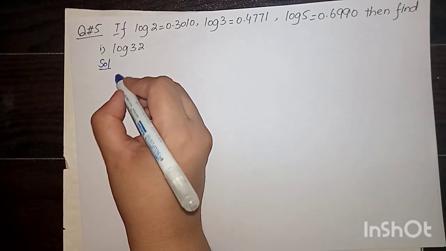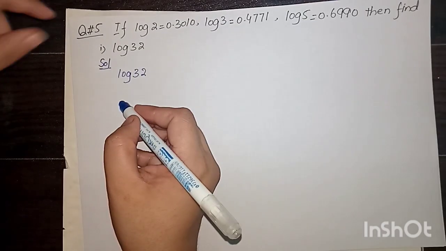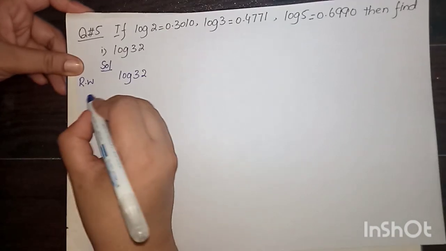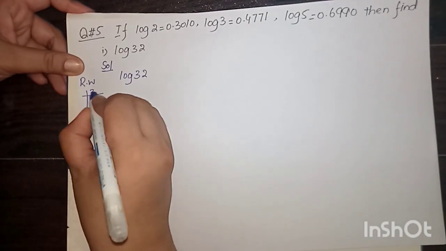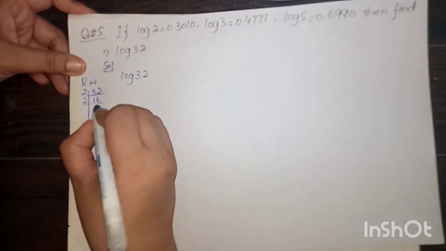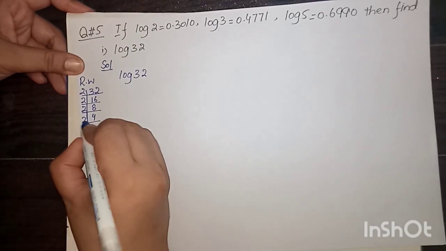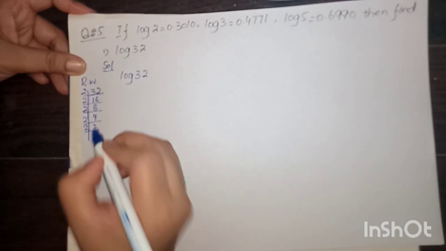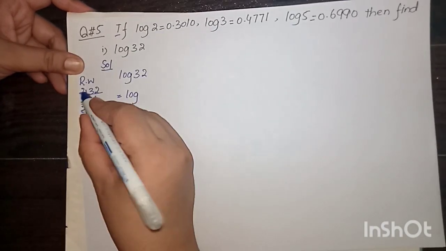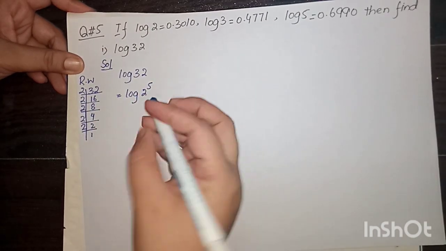So log of 32. First of all, we will find the prime factorization of 32. For the rough work, 2 ones are 2, 2 twos are 4, 2 fours are 8, 2 eights are 16, 2 sixteens are 32. So this is equal to log of 2 power 5.